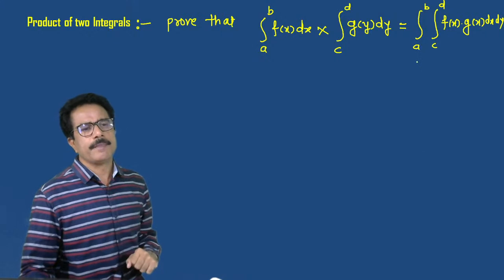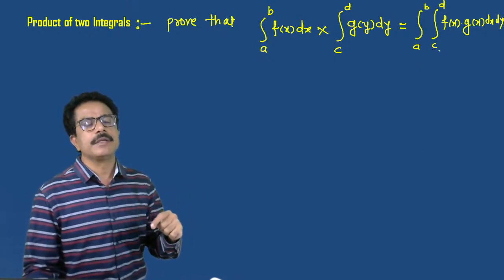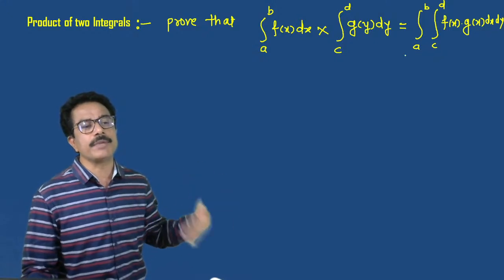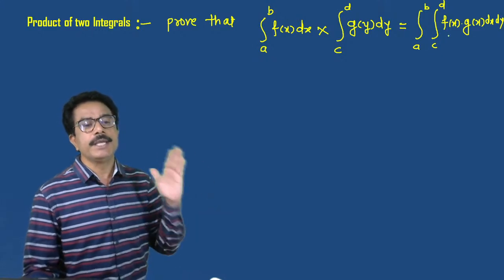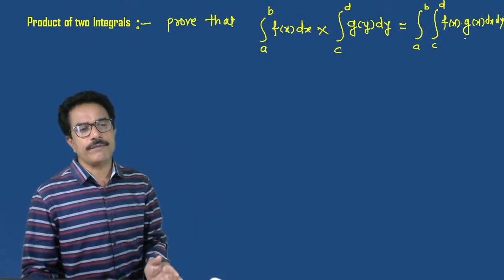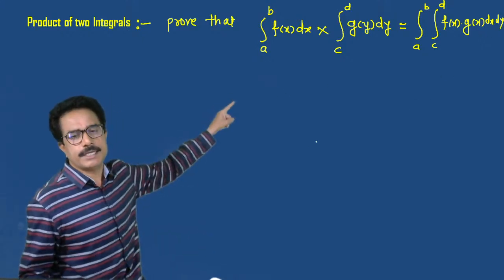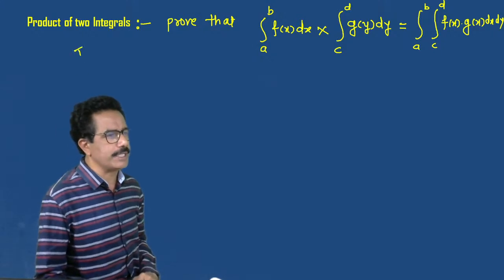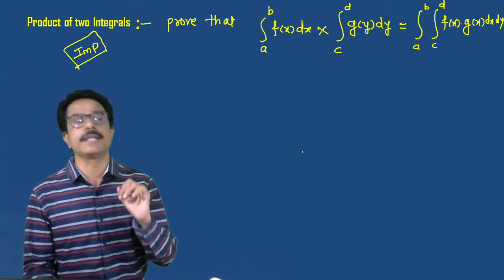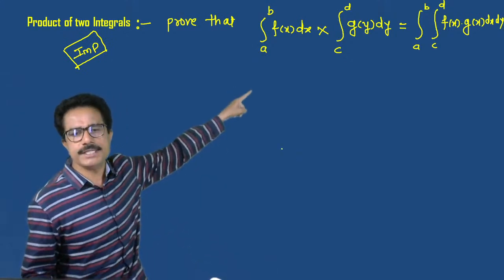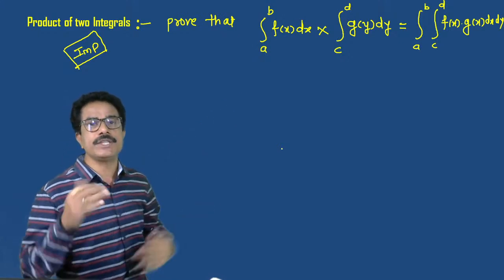So we have to prove this result. This is the theorem which we have to prove, and it is also an important theorem, the product of two integrals. The first integral is the integral from a to b of f of x dx, which is integration with respect to x.